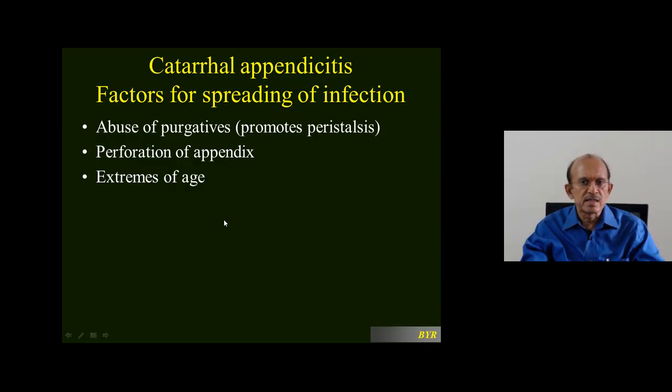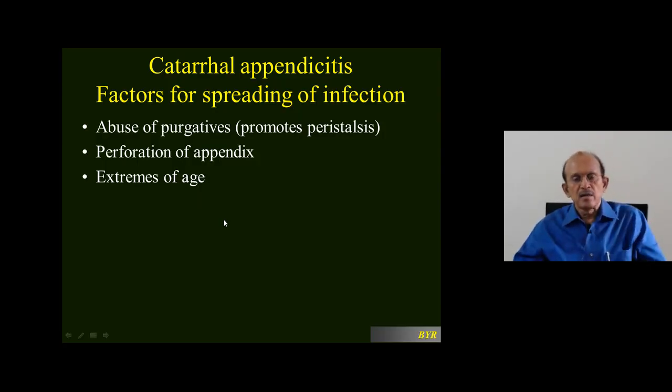Extremes of age, small children and elderly people, are more prone to spreading of infection. Why so? The reason is, in small children, the greater omentum is not well developed.